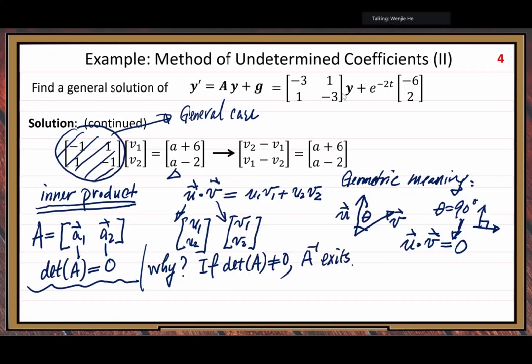Then we multiply by A inverse on both sides. So V1, V2 here equals A inverse times A plus 6, A minus 2. Then for any A, we can find V1, V2.